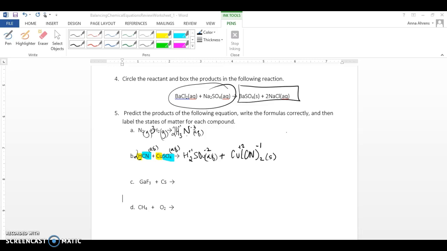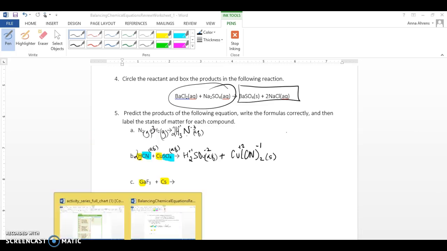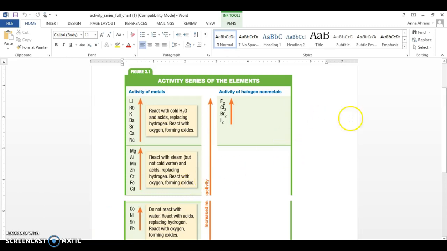So, next is a single replacement reaction. Here we have our metal, gallium, and cesium, which is also a metal, which is on your formative assessment. We need to use our activity series here. Cesium has to be higher than gallium on the activity series. So let's find cesium. I don't see it.